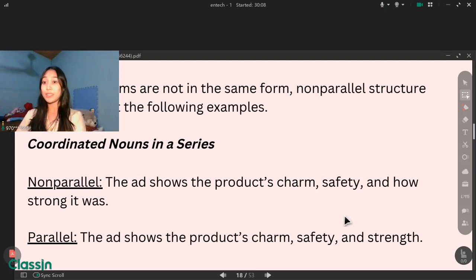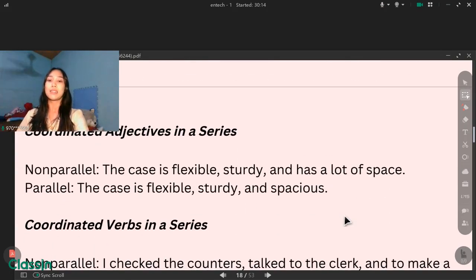Okay, let's proceed to the second example, in which we are going to use coordinated adjectives in a series. We have the sample sentence: The case is flexible, sturdy, and has a lot of space. Again, has a lot of space is very lengthy and descriptive. Therefore, we need to get to the point and say spacious, because has a lot of space simply means it is spacious.